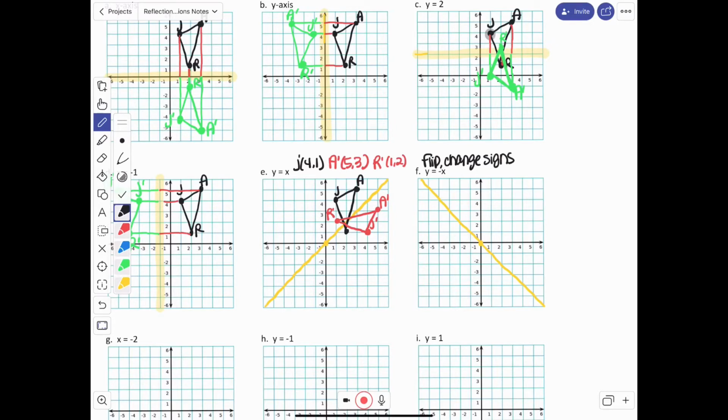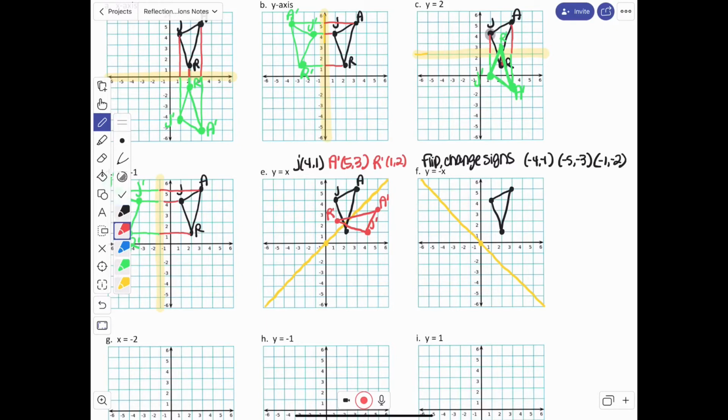If we put our original points on here, we've got 2, 1, 1, 4, and 3, 5. If we flip those points, it's going to be -4, -1, -5, -3, and -1, -2.